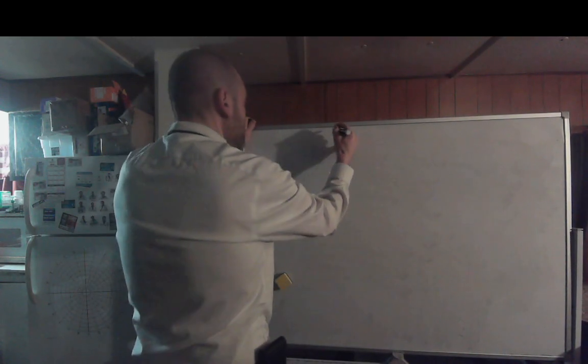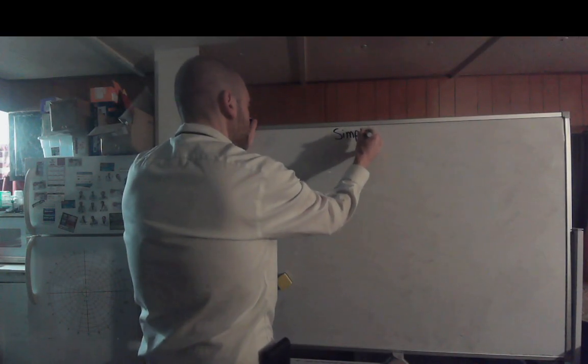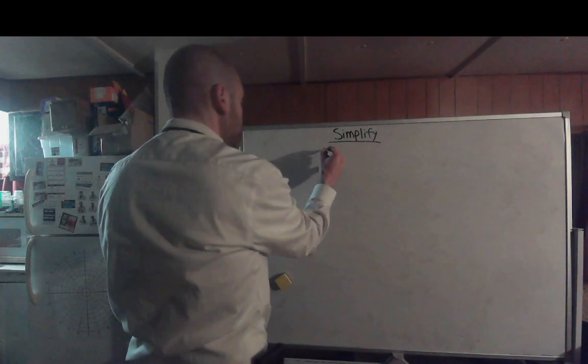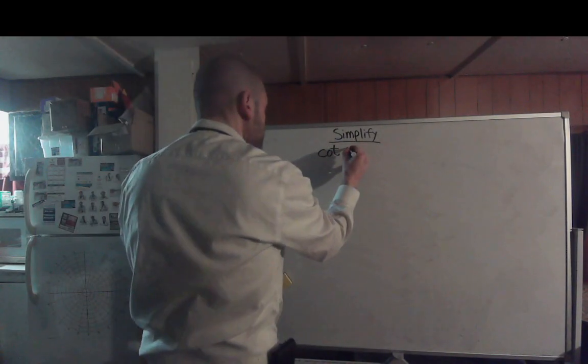So our objectives for these next exercises are to simplify. Let's say you're asked to simplify the cotangent of x times the secant of x.